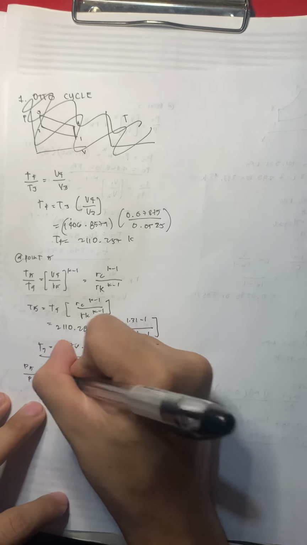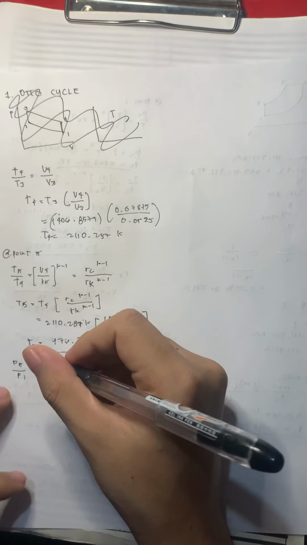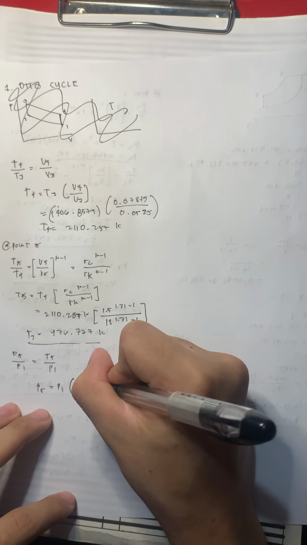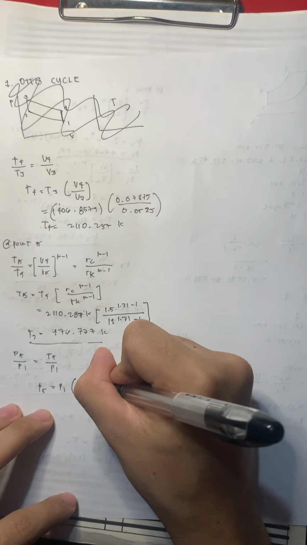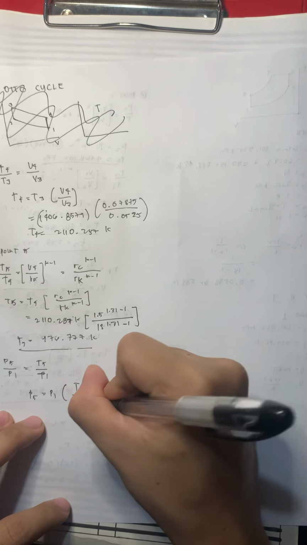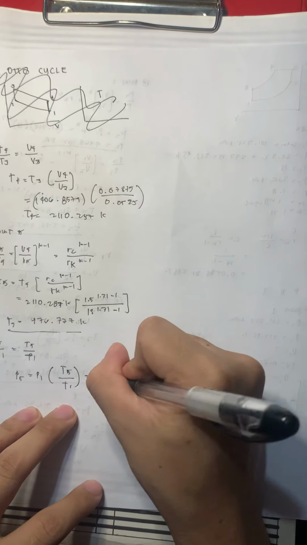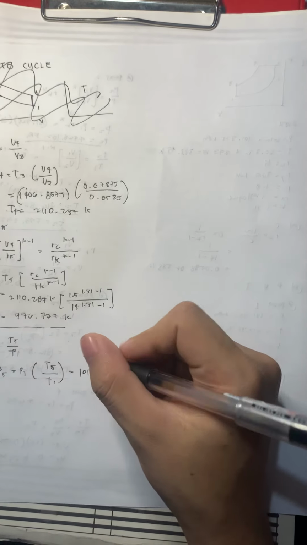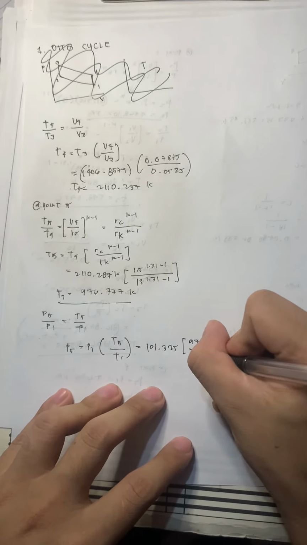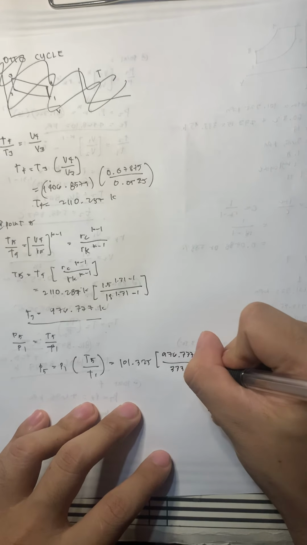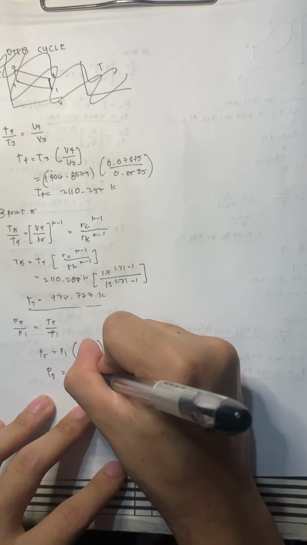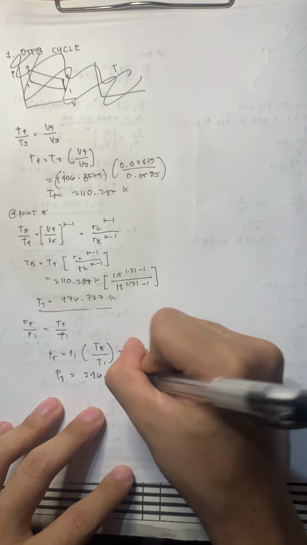Solving for P5, P5 over P1 equals T5 over T1. P5 equals P1 times T5 over T1. Substituting 101.325 times 976.777 over 333.45, we will get P5 as 296.512 kPa.